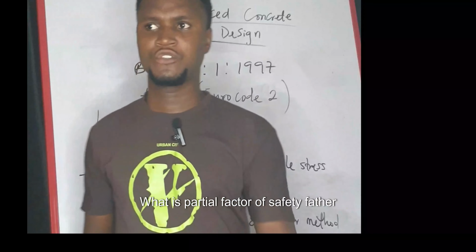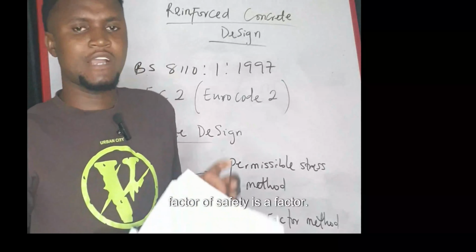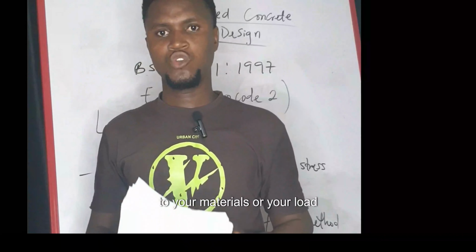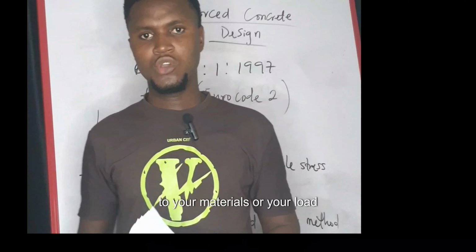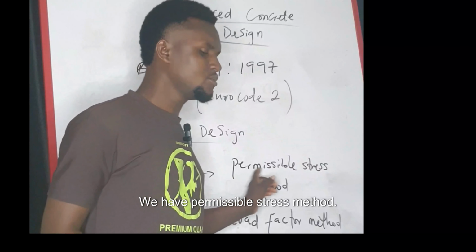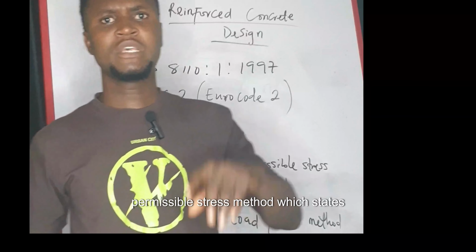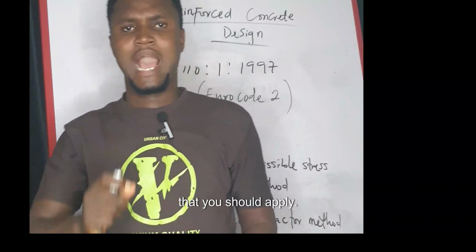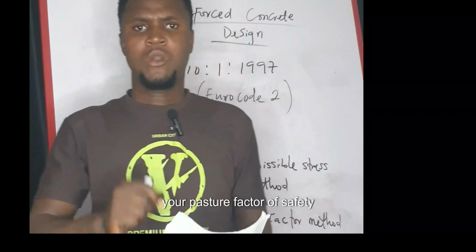What is partial factor of safety? Partial factor of safety is a factor that you apply to your materials or your load. Let's say, for instance, we have permissible stress method, which states that you should apply your partial factor of safety to the ultimate strength of the material by dividing.